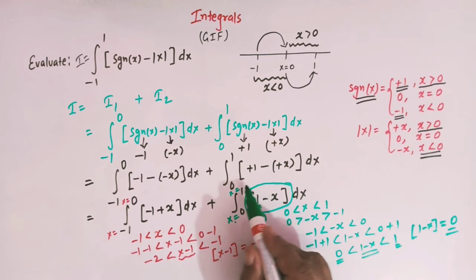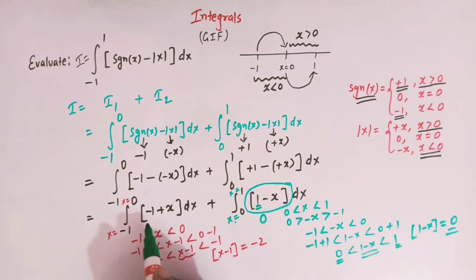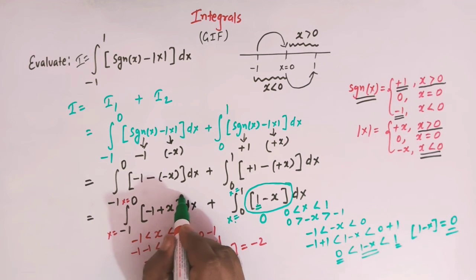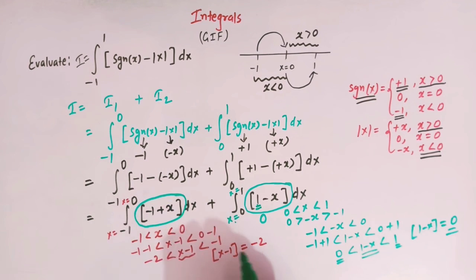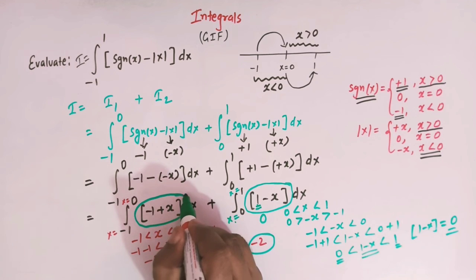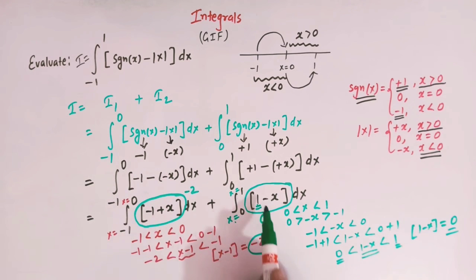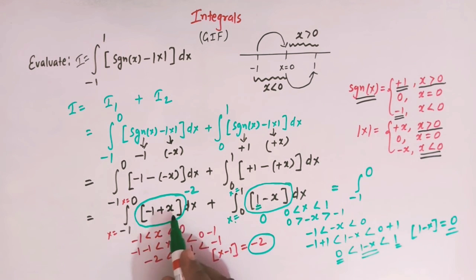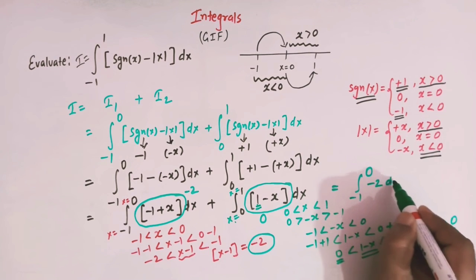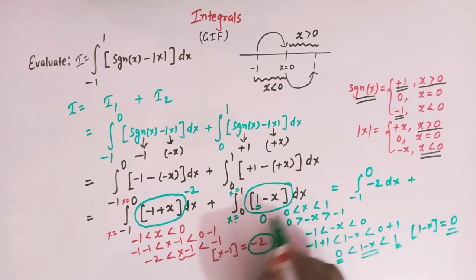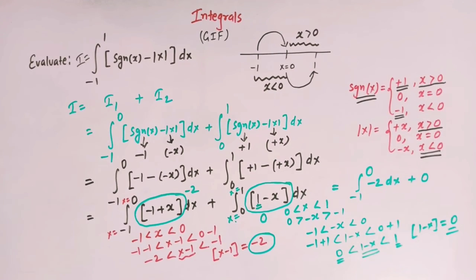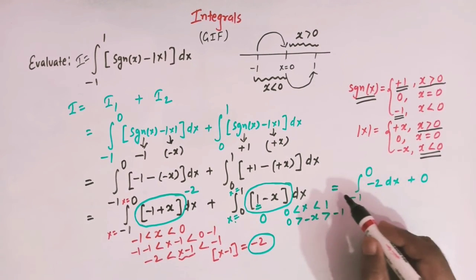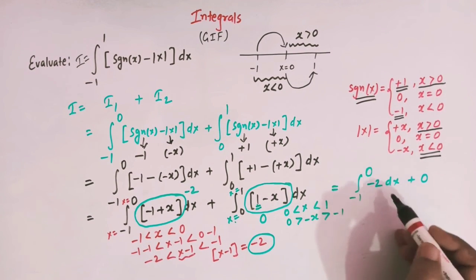So this integral disappears here, and when x lies between -1 and 0, the value of this expression is equal to -2, right? So now this integral is 0. So we have -1 to 0, and here we have -2 dx, and this integral is 0, right? So now we can simply evaluate this integral.